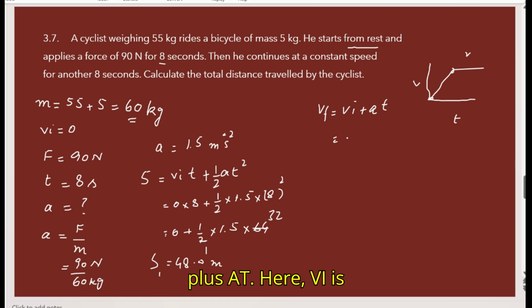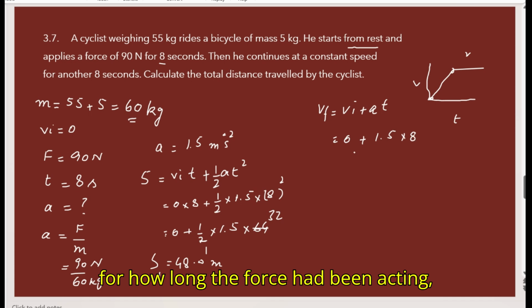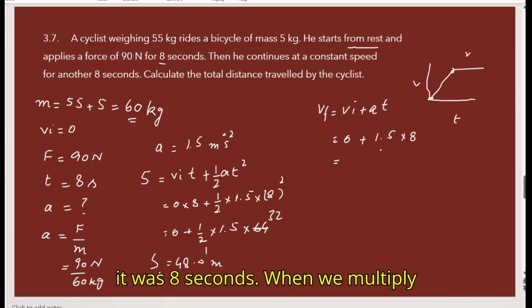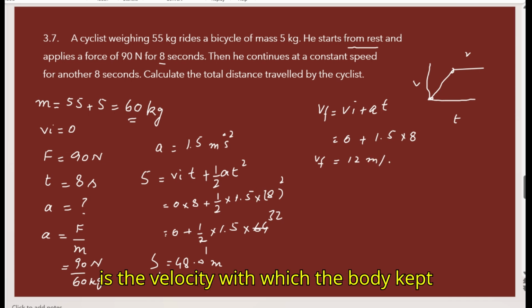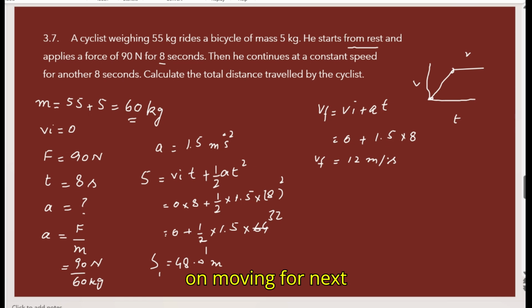Here Vi is equal to 0 and plus acceleration was 1.5, and the time for how long the force had been acting, it was 8 seconds. When we multiply these, we get 12 meter per second. This is the velocity with which the body kept on moving for the next 8 seconds.